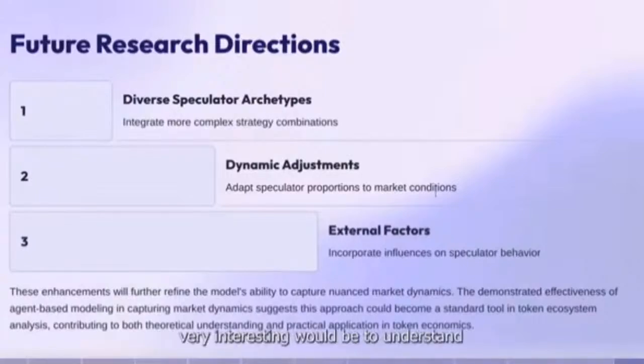Something which I also find very interesting would be to understand what the different mixes of speculators are that can lead to particular behavior. So we can use this process against price dynamics and say, it looks like this is the kind of speculator mix that maybe is taking place at the Link token, and there's another speculator mix for Bitcoin and so on and so forth.